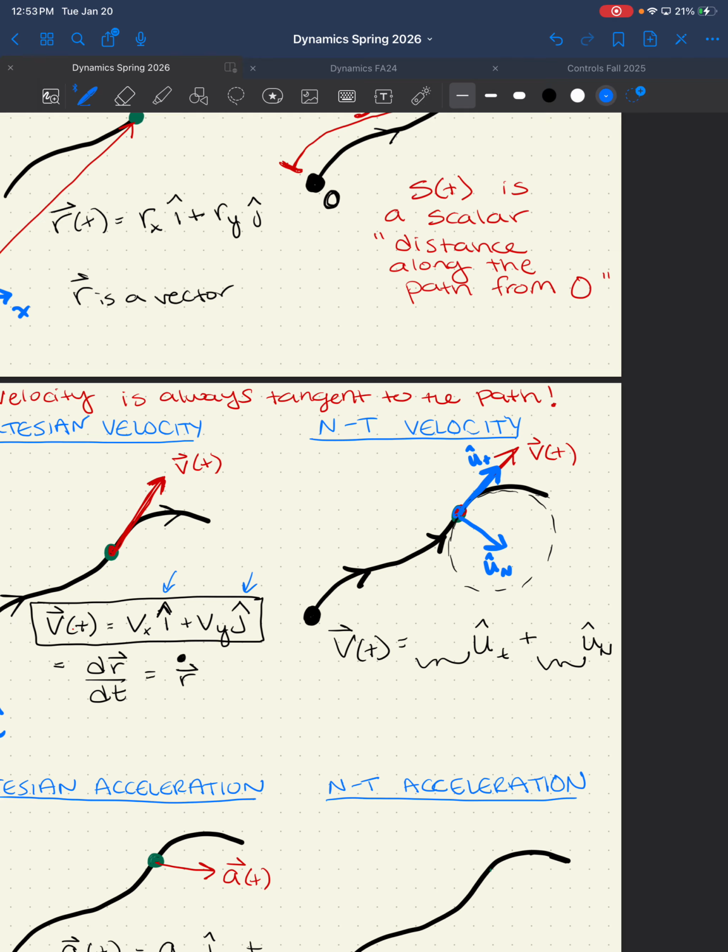So that means that if I were to find the magnitude of my velocity, if I said, I can just refer to it as v without the arrow bar, I would say that entire magnitude of velocity goes in the u hat t direction, leaving 0 of the velocity going in the u hat n direction.